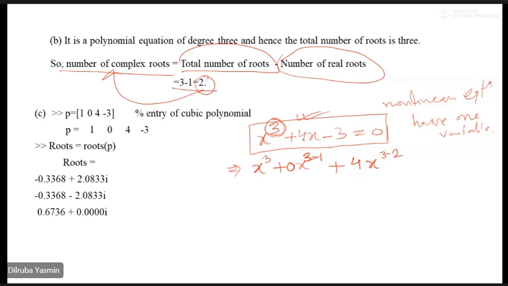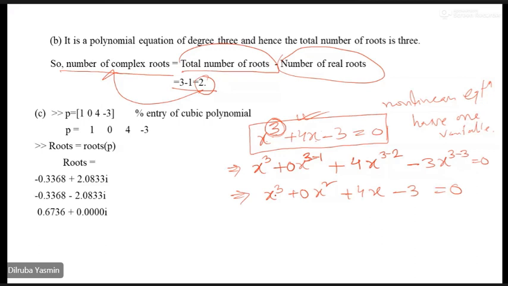Then minus 3 times x to the power 3 minus 3. This is equal to 0. So you now have this polynomial equation in this form: x cubed plus 0 times x squared plus 4 times x minus 3, this is equal to 0, isn't it?